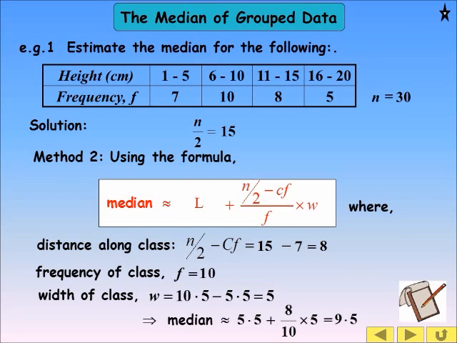The median estimate is 5.5 plus 8 over 10 times 5, which equals 9.5, the same answer.